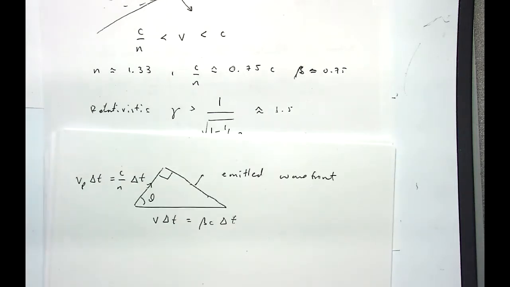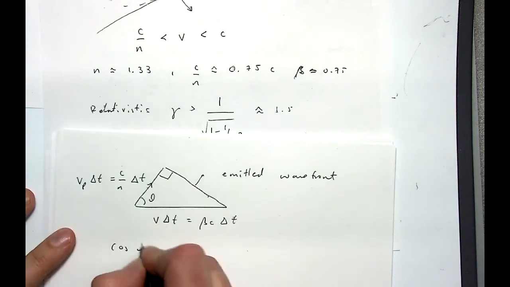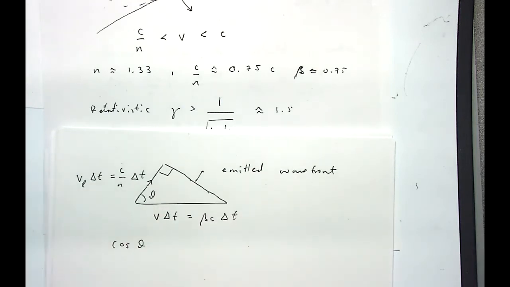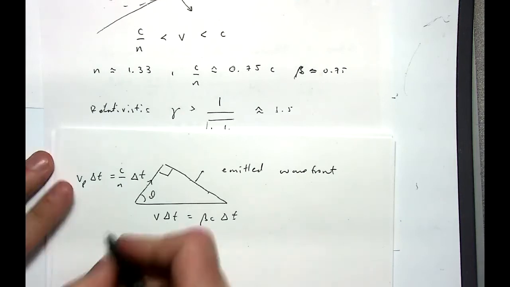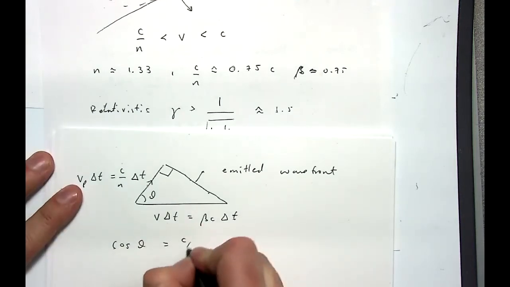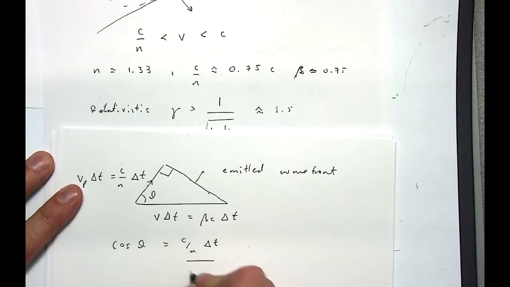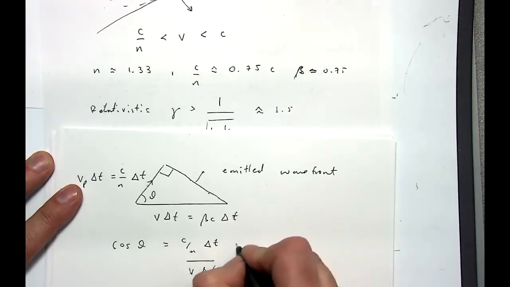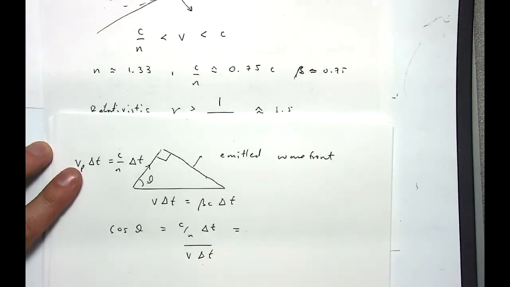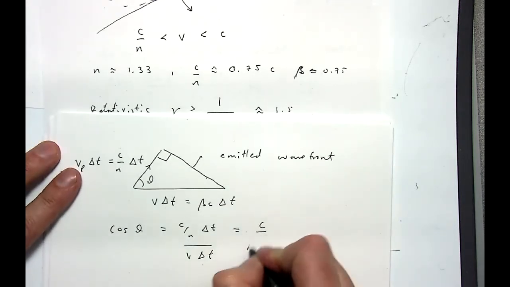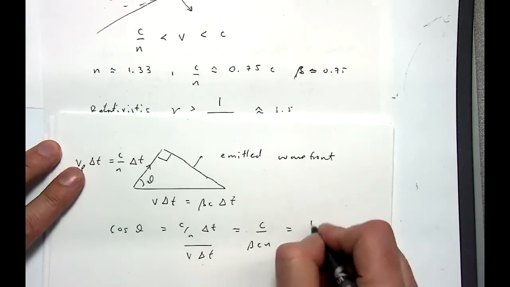I'm trying to work out what cos theta is, the angle at which that shock wave is being emitted as the charge goes by. It is simply equal to c over n delta t over v delta t. Of course, the delta t's cancel because that was just an arbitrary time step. That equals c over beta c n, which equals 1 over beta n.